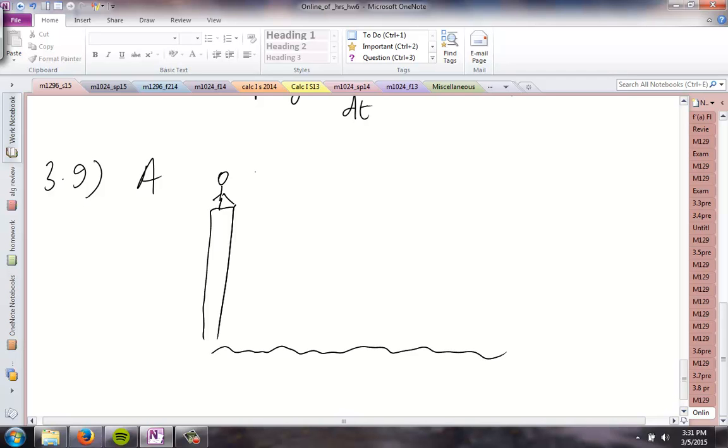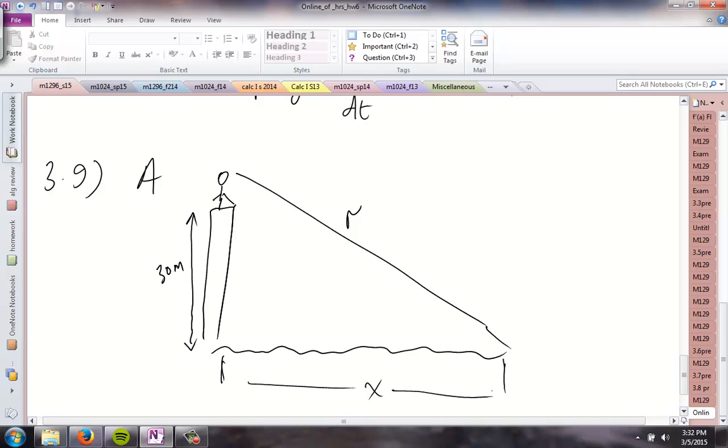Right, and the length of his fishing reel is R. I'm going to call that R. And the distance from where the person is sitting to where his reel hits the water is X.